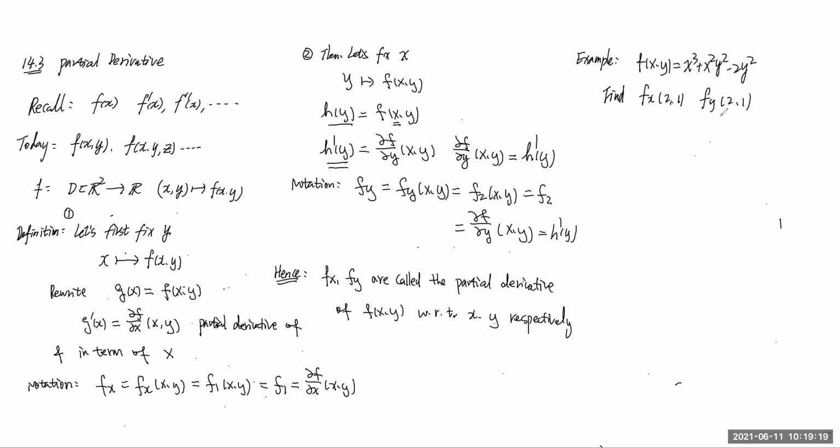Before I start, I want to emphasize something. In my experience, there are always some students who plug this number into the function, get a number, and then say the derivative is 0.